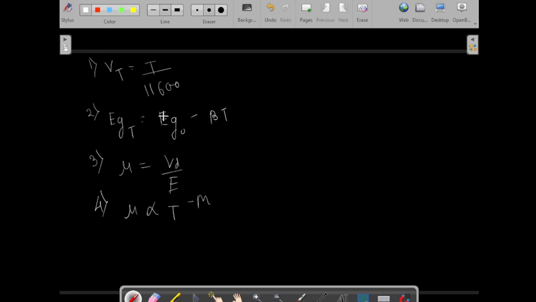And next you have to remember the magnitude of the ratio of mu n and mu p. The ratio of mu n, the mobility of electron, divided by mu p, the mobility of hole, is equal to 2.1 for germanium and 2.6 for silicon.